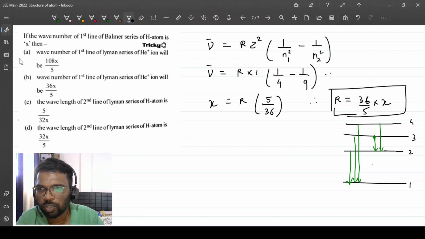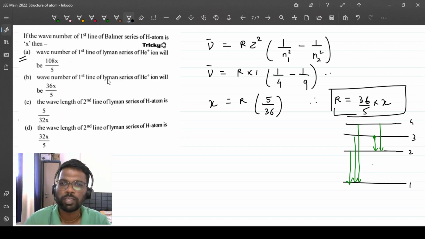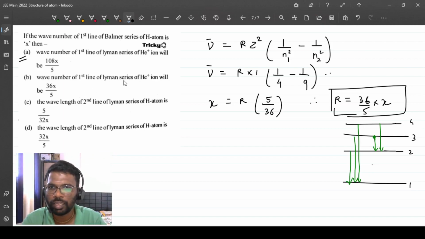So first option. Let's check the first option: the wave number of the first line of the Lyman series of the helium ion will be 108 times that of X. So for the wave number, R is the Rydberg constant that will remain the same. For the helium ion, Z is 2, so Z square will be equal to 4, right?